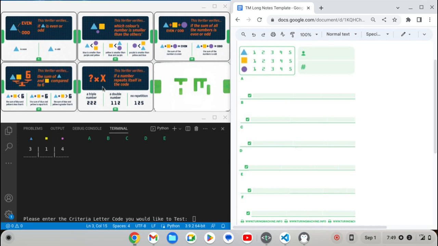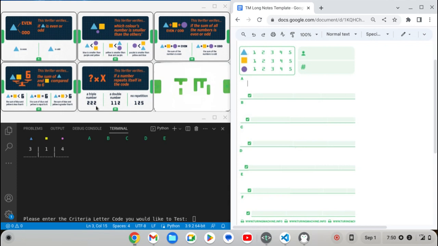And finally, criteria card E will look at our 3-digit solution and will let us know something about its structure. Specifically, one scenario is that there are no repetitions, meaning that all digits are unique, as in the example 125, or it could have a double number where there is a single digit repeated, as in the example 112, or it could be a triple number where it's a single digit repeated 3 times, as in the example 222.